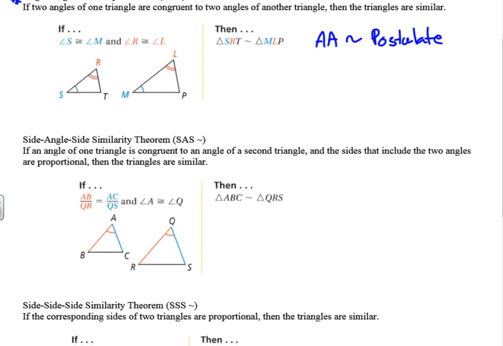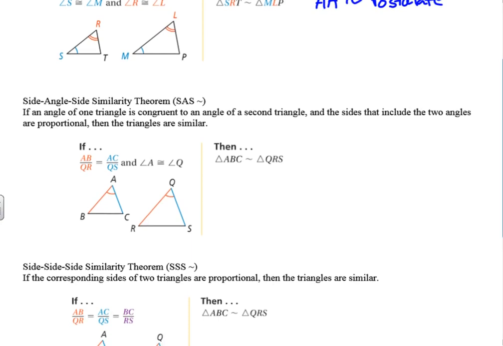Now here's where we have to differentiate from proving congruent. This is the side-angle-side similarity theorem, and this is how we can abbreviate that, side-angle-side similarity. Obviously, we're not proving congruent, but what we're showing here is, first of all, we have proportional sides, and we have the congruent included angle.